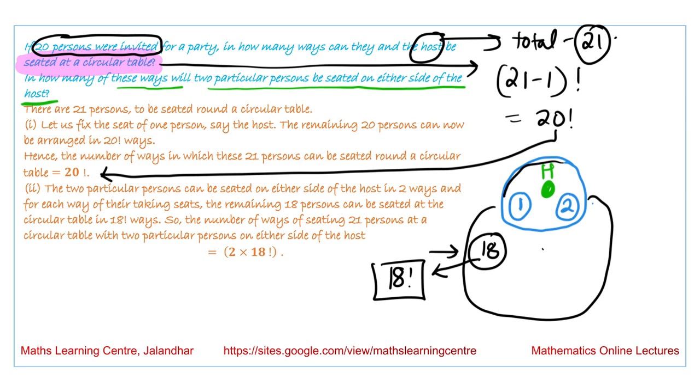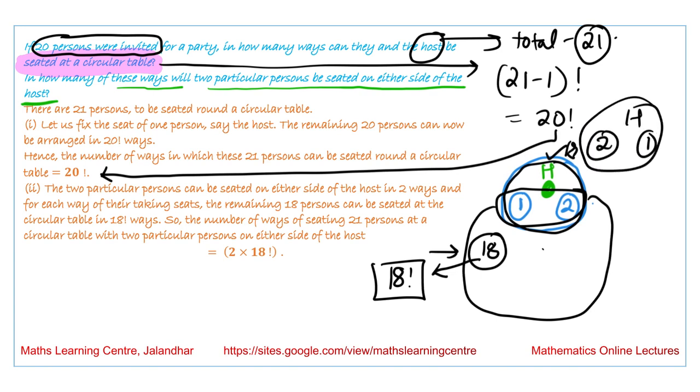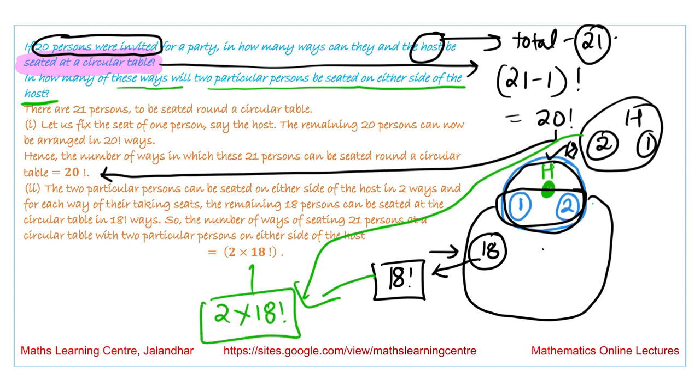The host is fixed and these 2 can be kept on either side of the host in 2 ways. So the total number of ways we have is 2 into 18 factorial. These are the total number of ways when two particular persons are seated on either side of the host.